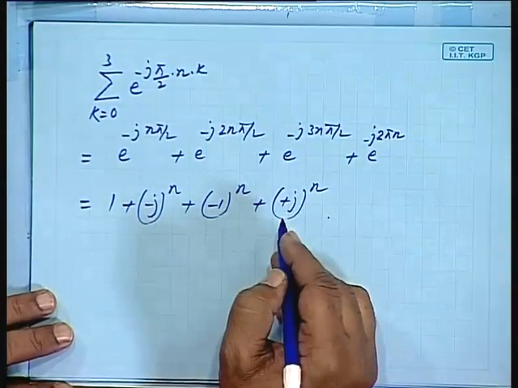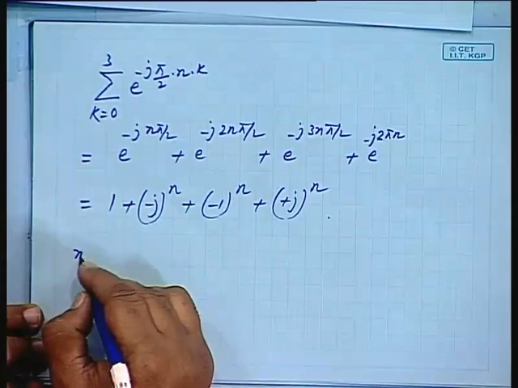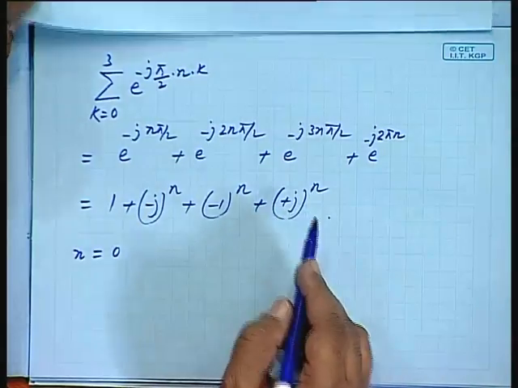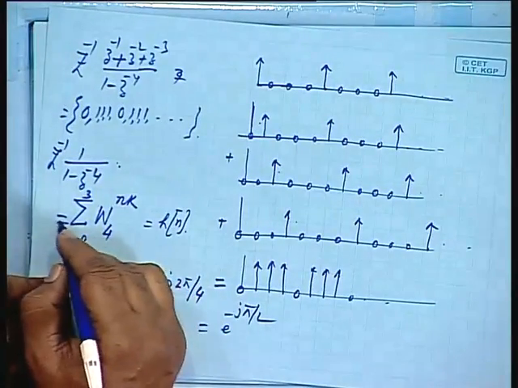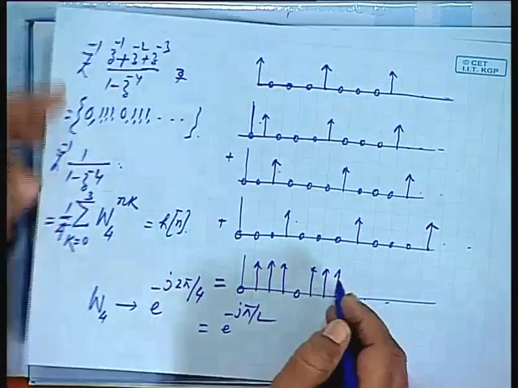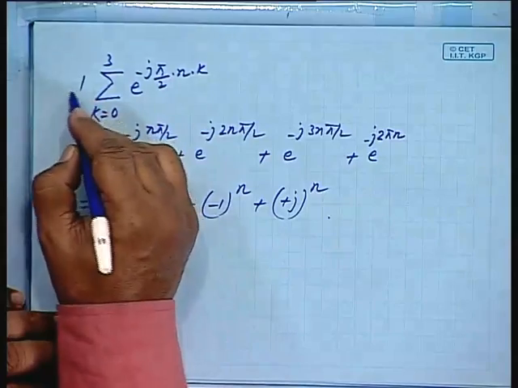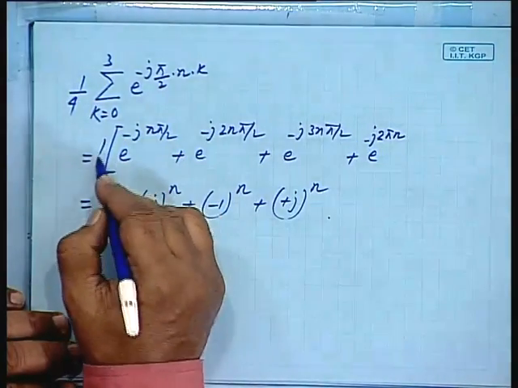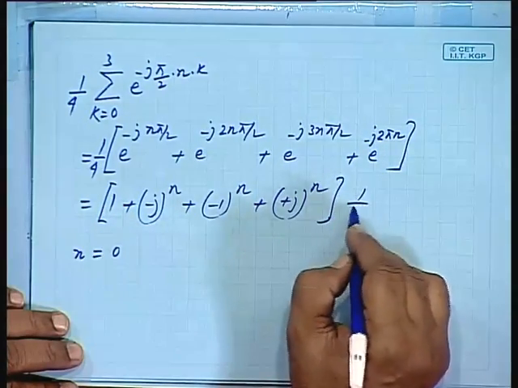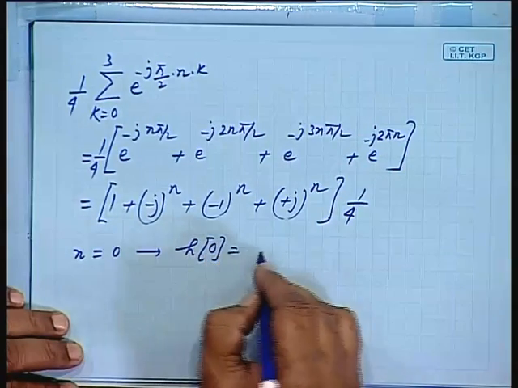Now, let us test it with some values whether we get this sequence or not. N is equal to 0 will give me 1 plus 1 plus 1 plus 1. So, there has to be a scaling factor 1 by 4, okay, 1 by 4. So, for n is equal to 0, therefore, h n becomes 1.